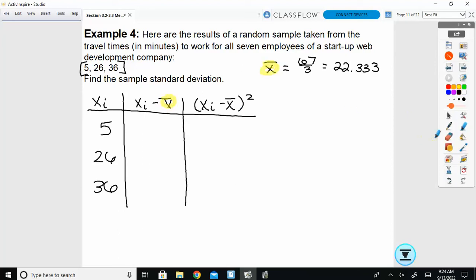Remember, we're using the mean for my sample, not the entire population. So I have to do 5 minus the 22.333. And then square that value.